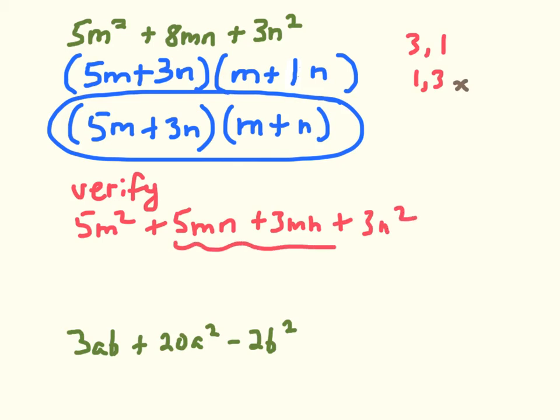Here's your 8mn right there. That's 5m squared plus 8mn plus 3n squared. Back where I started, that's what I want. But this is the correct factoring right here.